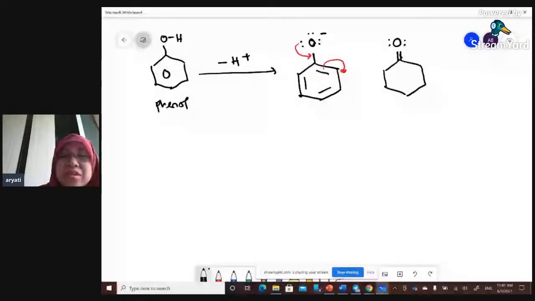Double bond kat sini dah tak ada sebab carbon ni dah 1, 2, 3, 4. So dia pindah dekat sini, masih ada retain. So carbon ni ada 1, 2, 3. So sekarang carbon ni ada bercharge negatif. Dia ada 2 elektron dekat sini pindah. Kemudian negative charge ni dia akan delocalize, dia akan pindah dekat sini.